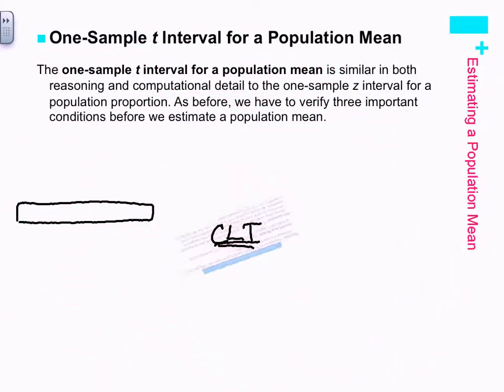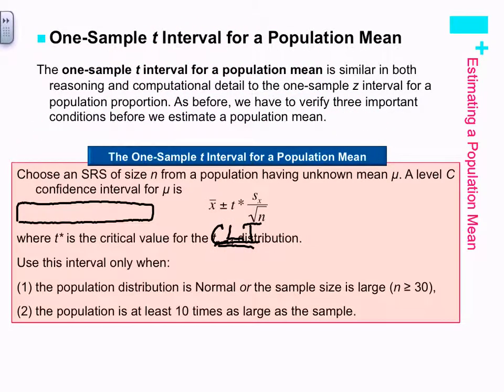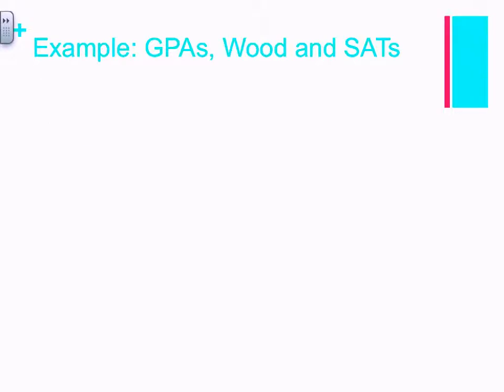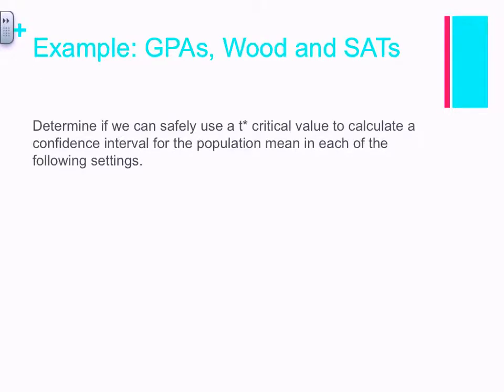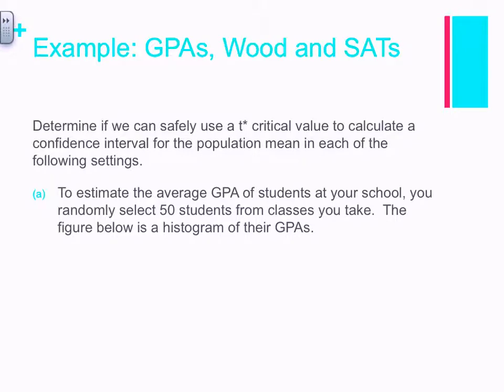Okay, so before we actually get into any actual calculations, which we'll do in the next video, let's talk about when we can safely use a t critical value. So to estimate the average GPA of students at your school, you randomly select 50 students from classes you take. The histogram of the distribution is below.